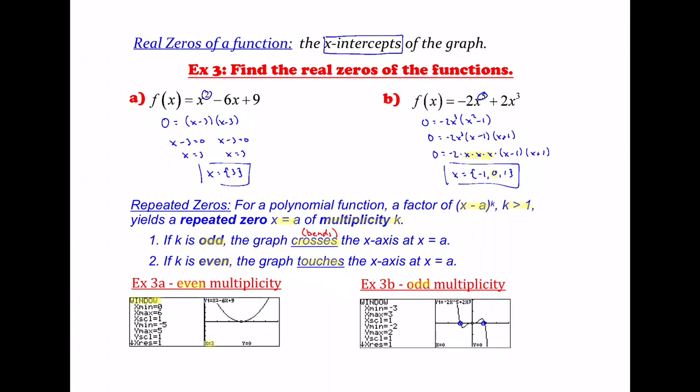Maybe I need to zoom in even a little bit more, it kind of levels out there and then continues on. So it doesn't just cross straight through. It kind of bends with that odd multiplicity. So that's how you tell whether it's an odd multiplicity or the root only happens one time, and at that point it literally just crosses through. But when you see that bend there, that's when you know it's happening an odd number of times.